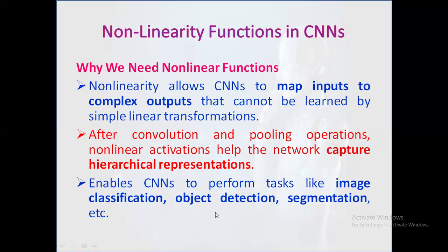Nonlinearity ensures that the network can perform complex tasks such as image classification, object detection, and segmentation, for example medical image analysis and semantic segmentation. Without nonlinear activation functions, the CNN would be unable to map inputs to meaningful outputs, severely limiting its learning capability.